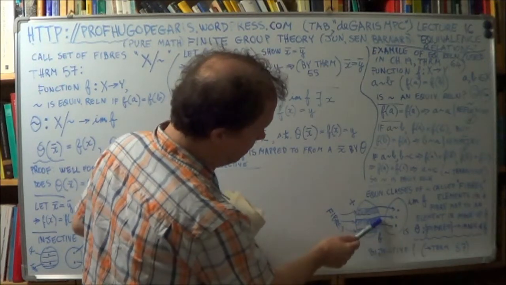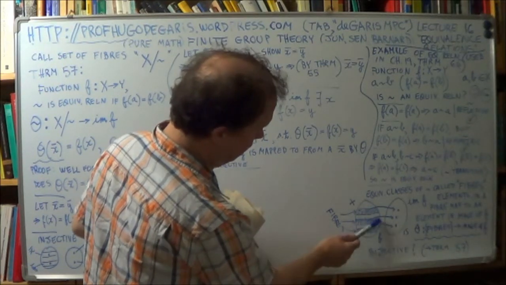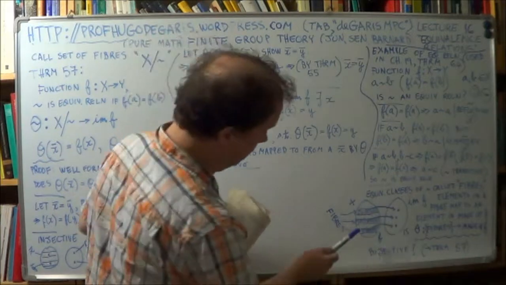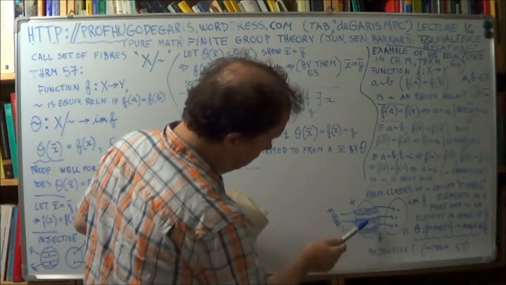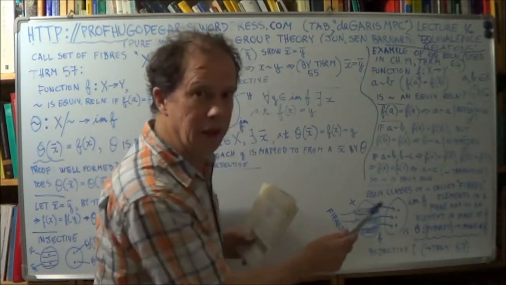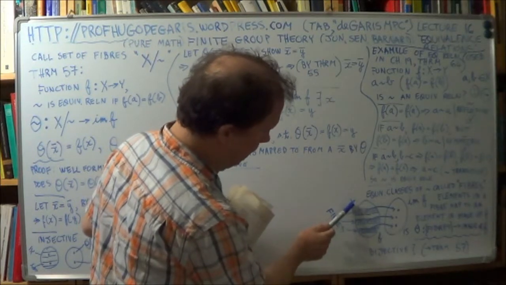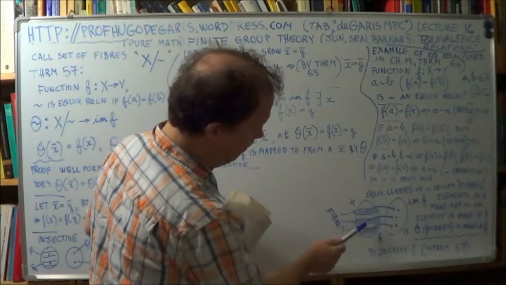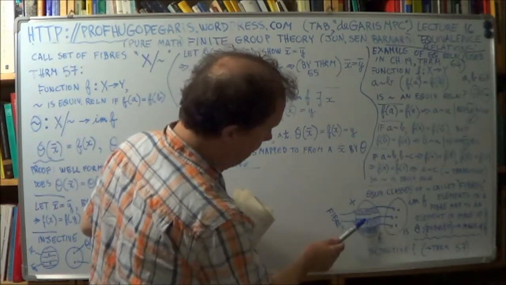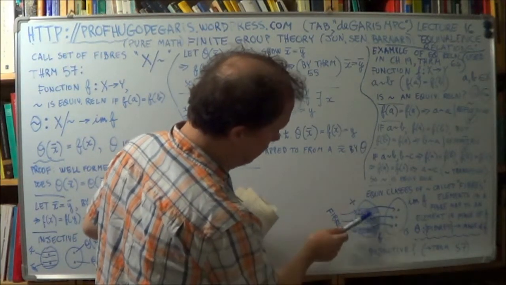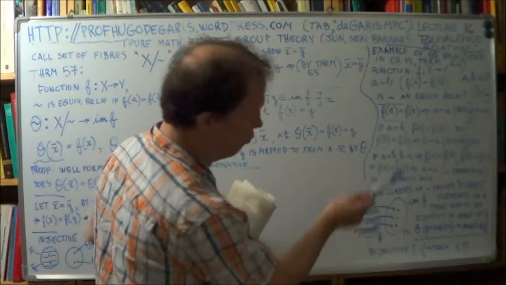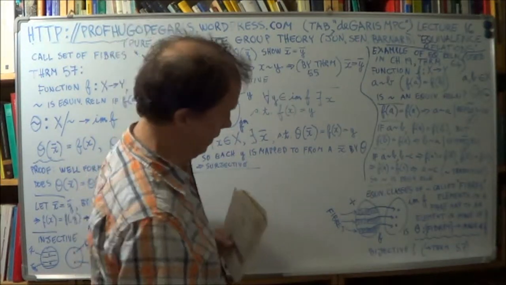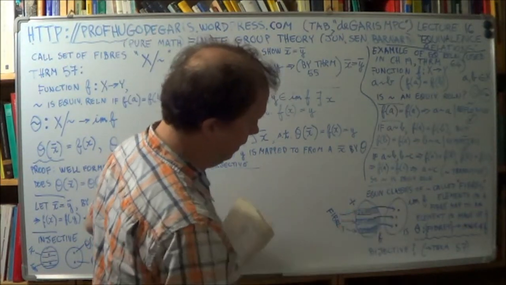Okay? So in this band, or fibre as it's called, all the members, little x, of this set big X, all of them in this subset, they all map to the same point here. So you have here three equivalence classes, or three fibres.